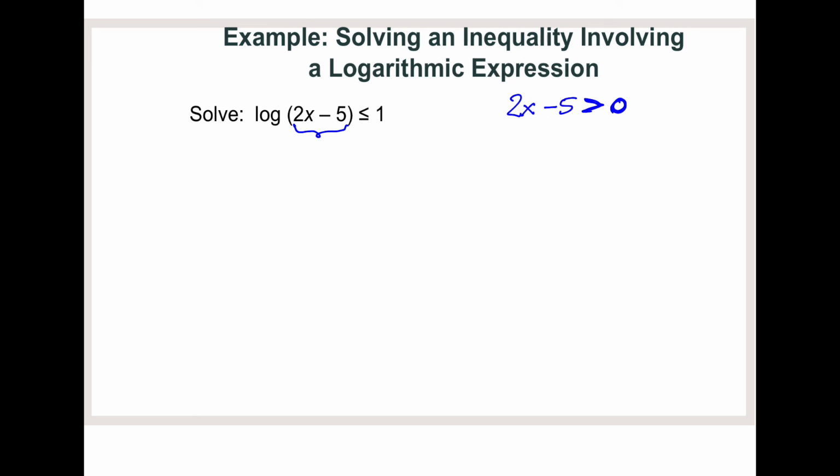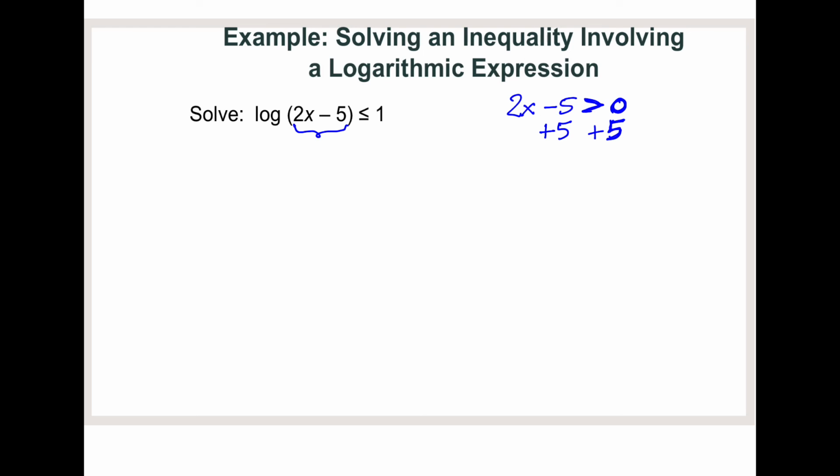So we need to talk about the domain here, because we cannot take the log of anything negative. So we put this greater than 0. It also cannot be 0. I can't take the log of 0. It has to be more than 0.